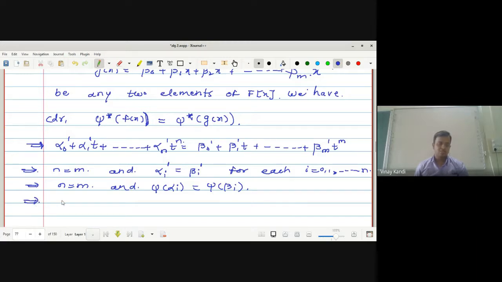But what is psi? Psi is an isomorphism. That means psi is one-one and onto, and also a homomorphism.